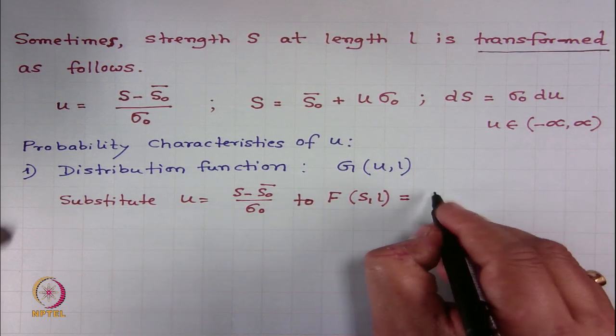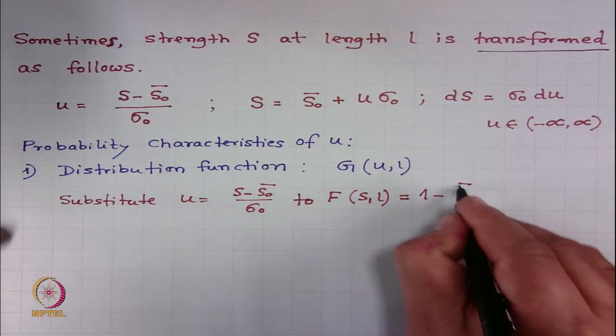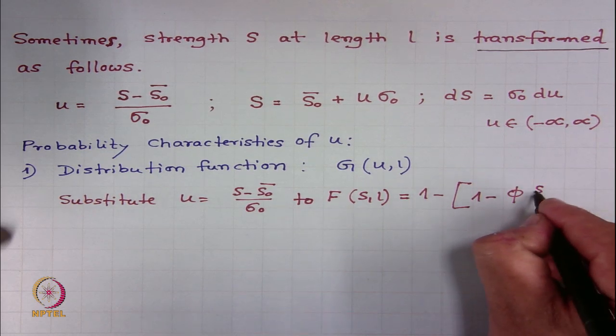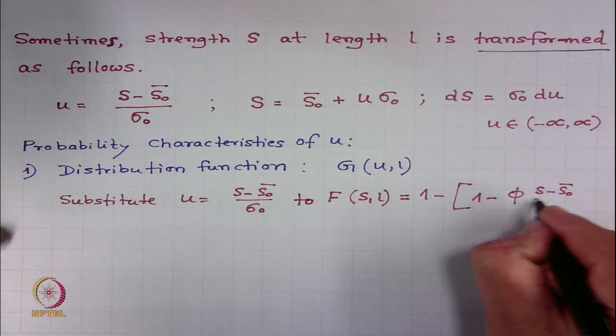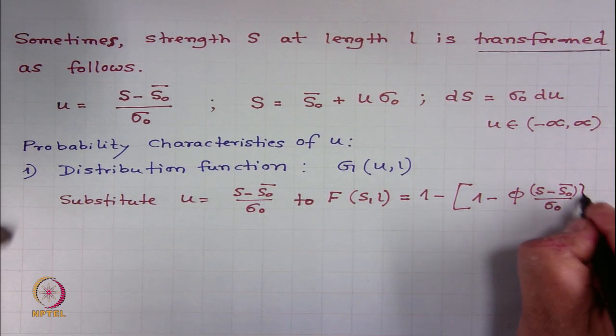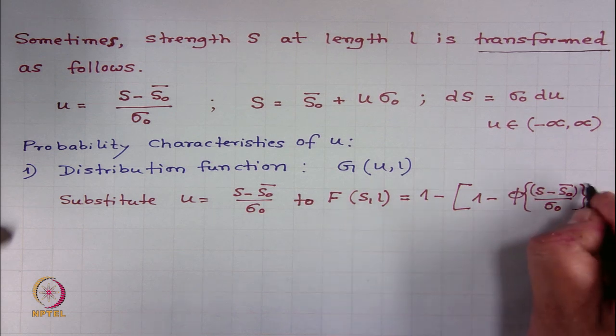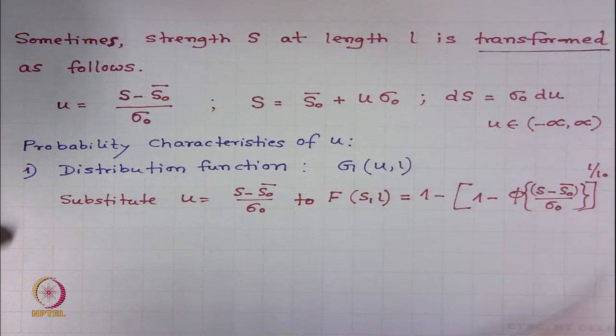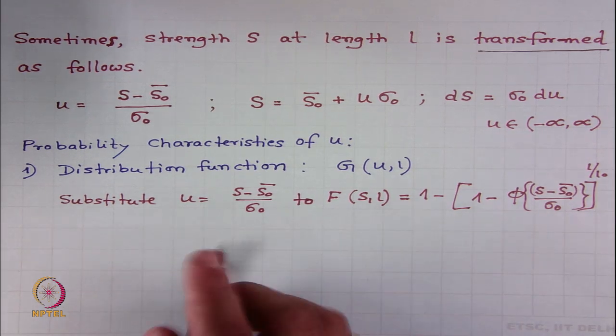What was the form of F S L? 1 minus, S minus S naught by sigma naught, to the power L by L naught. So, if we substitute this, what do we obtain?